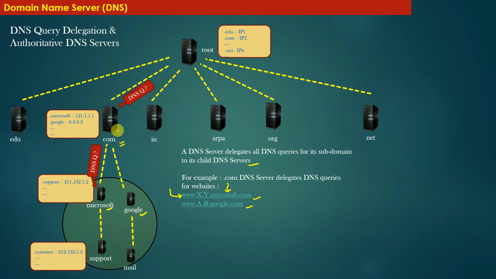Similarly, when the .com DNS server receives the DNS query asking what is the IP address of www.a.b.google.com, the .com DNS server knows that it has an entry in its DNS database for the Google DNS server.